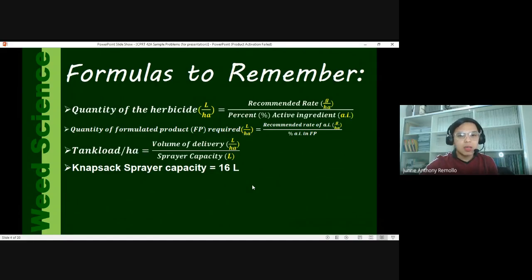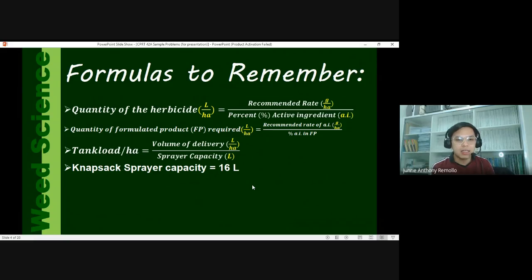And then, in this slide, we need to remember the basic formulas which will be useful in computing our herbicide. So first, the quantity of the herbicide, which is equal to the recommended rate and the percent active ingredient. And then the second one, quantity of formulated product required, which is equal to the recommended rate of active ingredient divided by percent active ingredient in the formulated product.